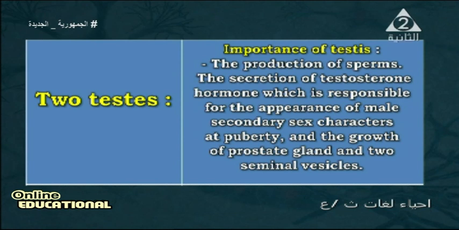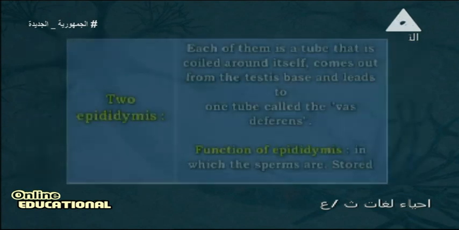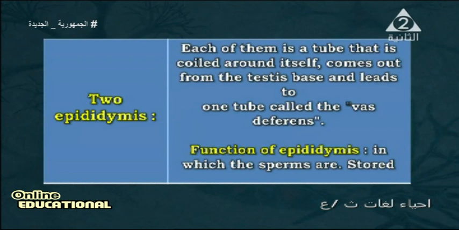There are three glands: the prostate gland, two seminal vesicle glands, and the Cowper gland. Two epididymis: each of them is a tube, coiled around itself, coming out from the testes and leading to the vas deferens. The function of the epididymis is to transfer the sperm from the testes to the outside of the body by the vas deferens.